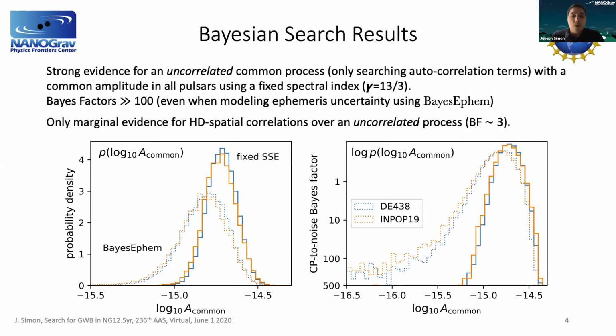However, there's only marginal evidence on top of this for that specific quadrupolar spatial correlation that would be indicative of a background. So it is still unclear what the cause of this background, of this common process is.